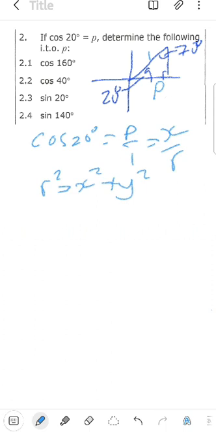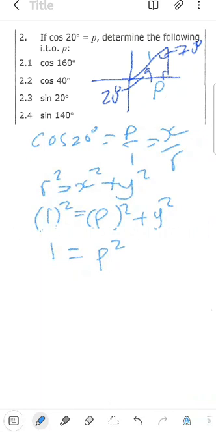So now we have our value of r as 1, so 1 squared equals our value of x, P squared, plus our value of y, that's what we're looking for, y squared. So 1 equals P squared plus y squared.